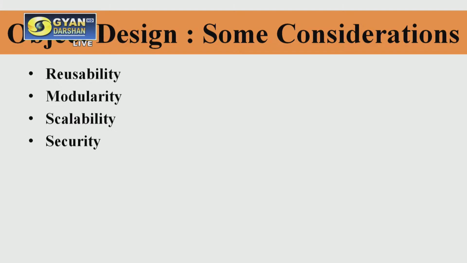And some more aspects we take care of, like reusability, how we are going to reuse, how we are going to use the concept of inheritance and utilize already existing things, modularity, how we make provisions so that it can be scalable, and the most important aspect, security, and how we will take care of the security aspect of the system which we are developing.